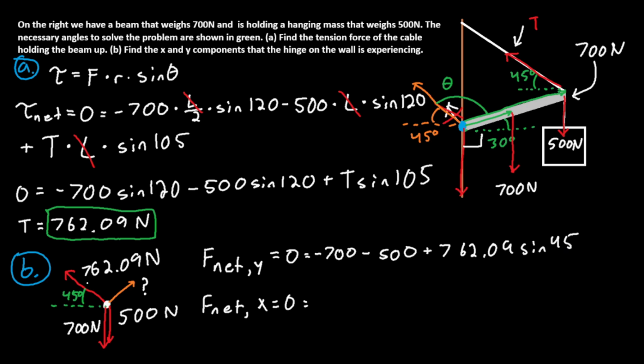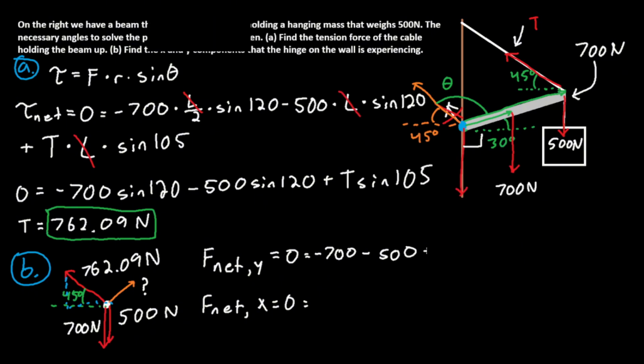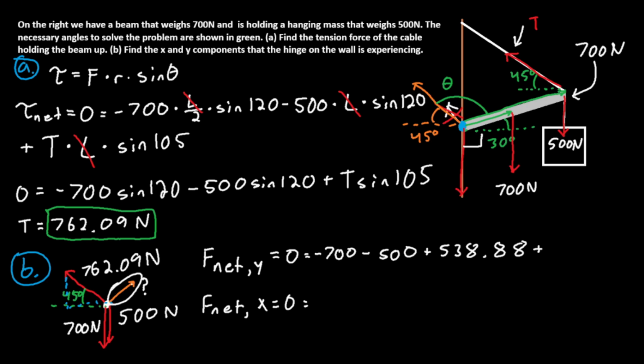And the reason why I'm multiplying by the sine of 45 is so I can get the y component of this tension force right here. So if you evaluate this in your calculator, you should get 538.88. Now the last thing we don't know is your question mark force.